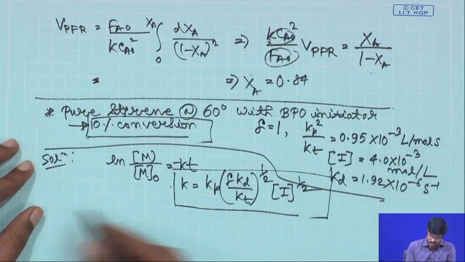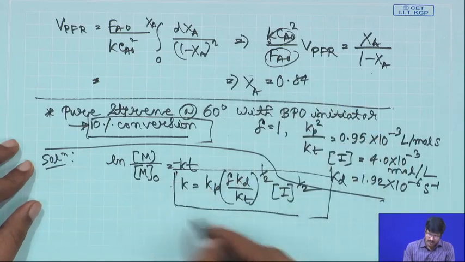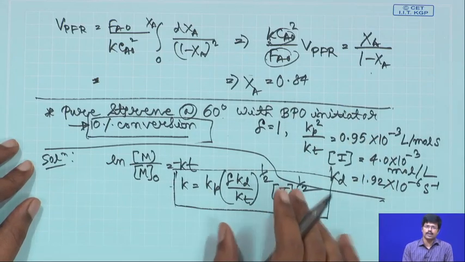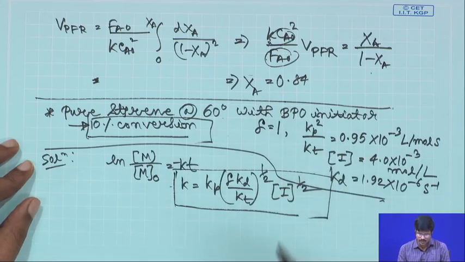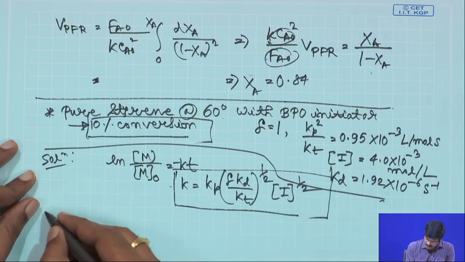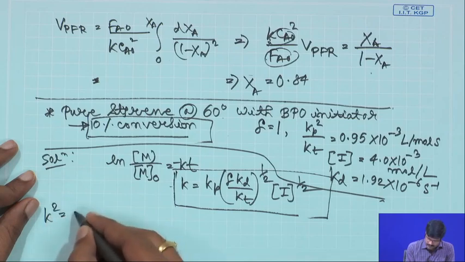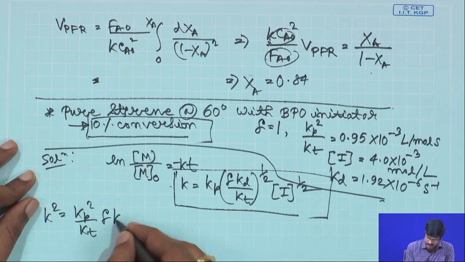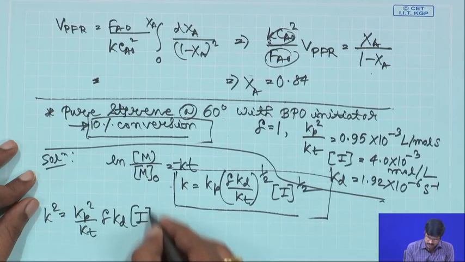If you recall what we discussed during the classes on the analysis of the kinetics for the rates of polymerization, you can realize that this k will be something like this. So, if you take the square of that, that will be Kp square divided by Kt into f Kd into I.